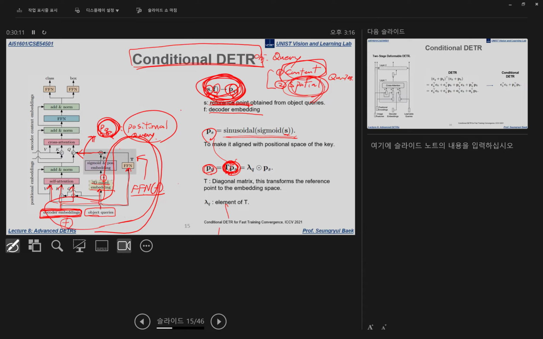And then we concatenate. The C means the concatenation operation. We concatenate the positional query information and also the content query information coming from the previous layer's output.